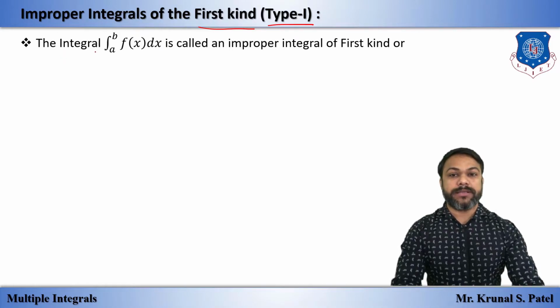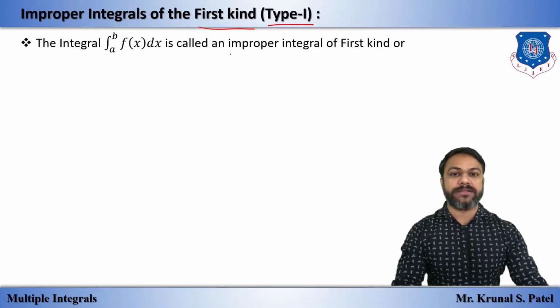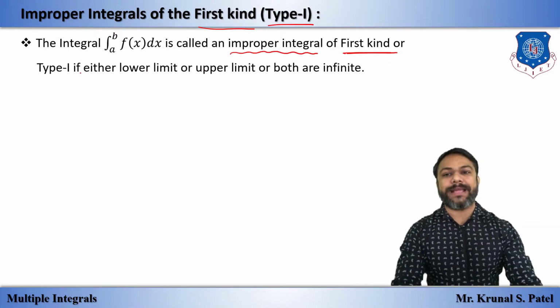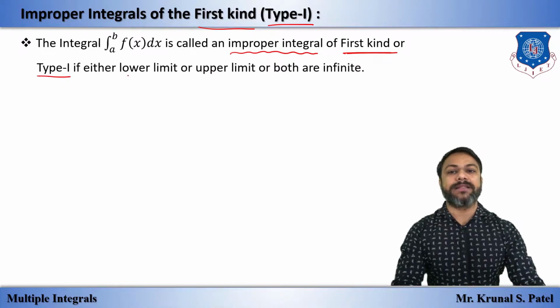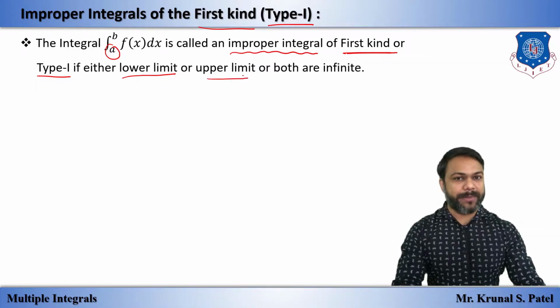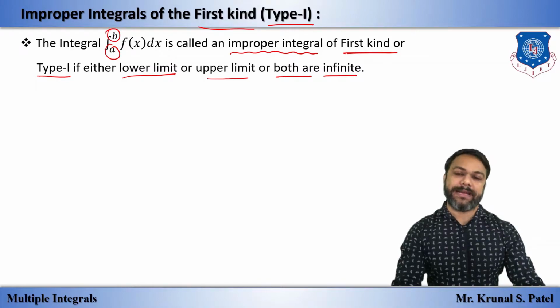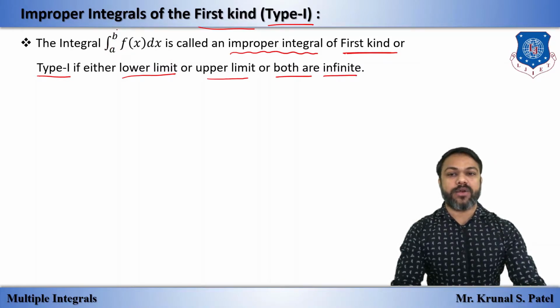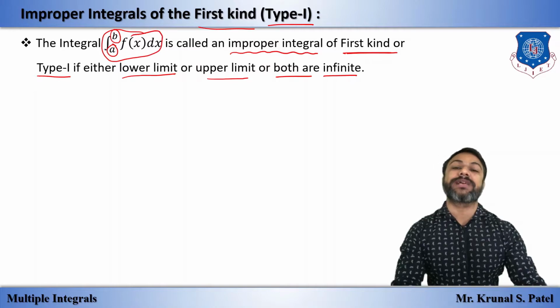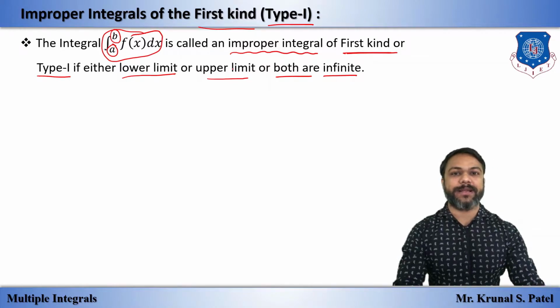So this integral is called improper integral of first kind or type 1 if either the lower limit a, or the upper limit b, or both are infinite. Either of this a or b or both will be infinite, then this integral is of first kind, or we can say of type 1.